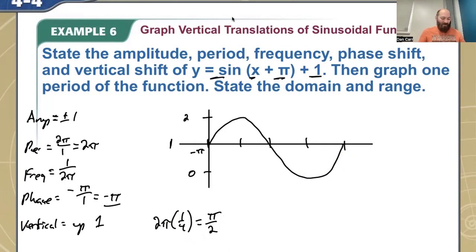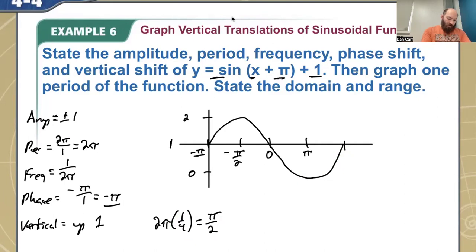So let's see, where am I at? If I add pi over 2, this is the same as negative 2 pi over 2 right here. So if I add pi over 2, that will be just negative pi over 2. Then I add another pi over 2. That's going to be 0 here.